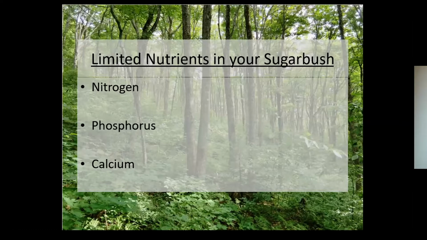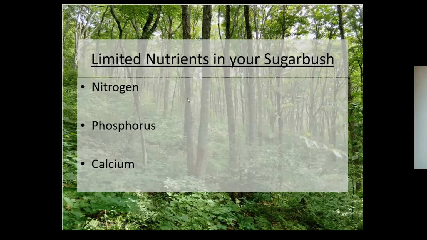And as we already mentioned, photosynthesis is important for sugar production. In a project I did in grad school, I looked at sap sweetness on forest trees that were fertilized, and found that trees where we added nitrogen had increased sap sweetness.